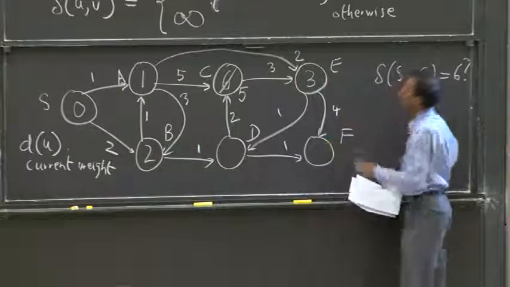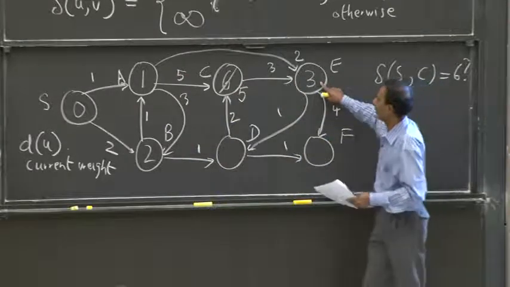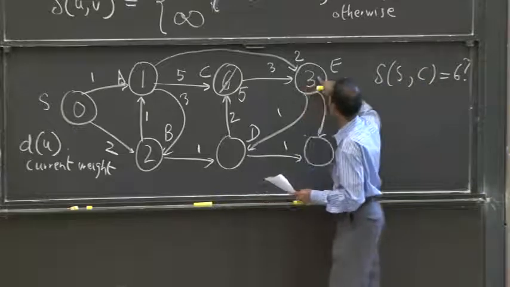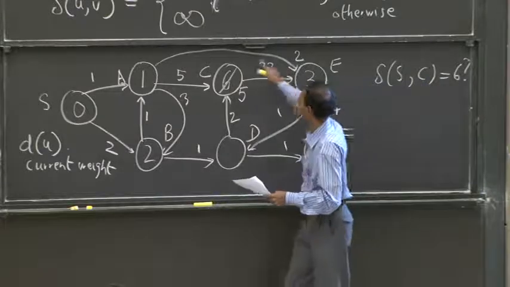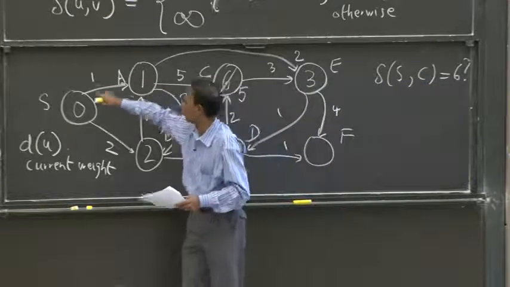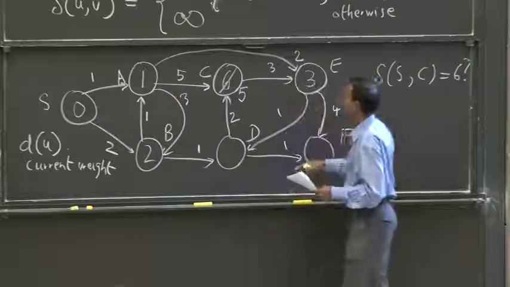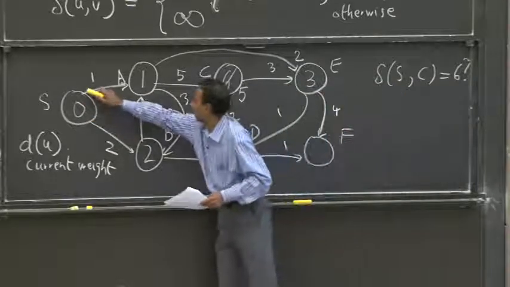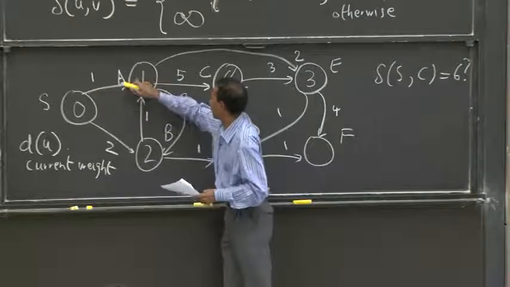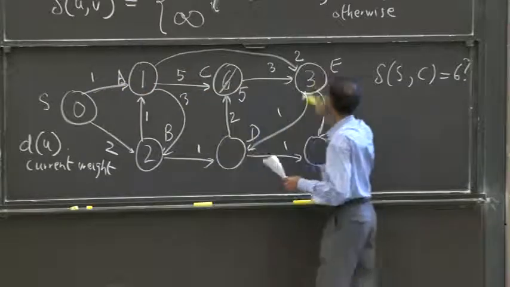In this particular instance, when you're finally done, pi of E is going to point to A, and pi of A is going to point to S, because that's the best path.